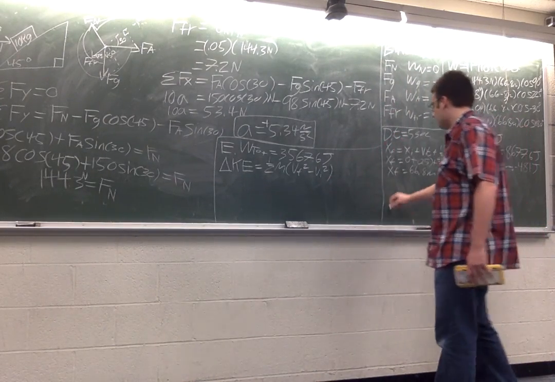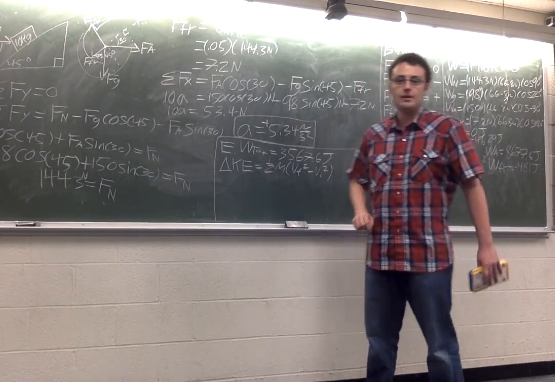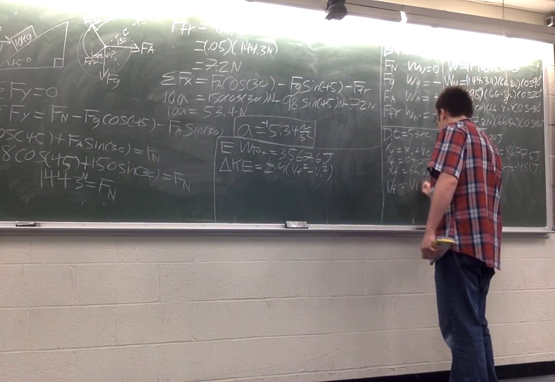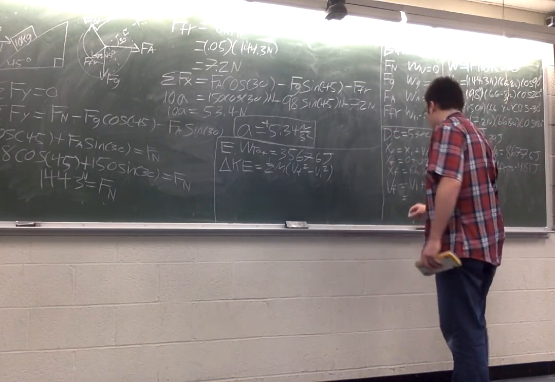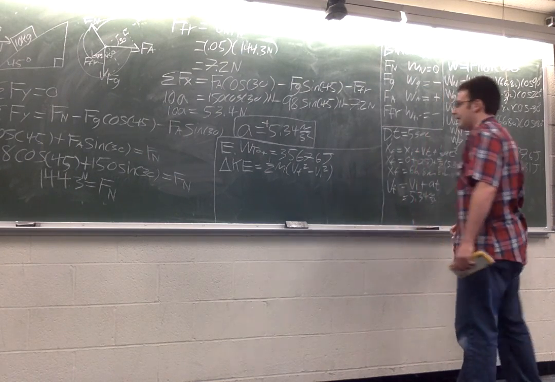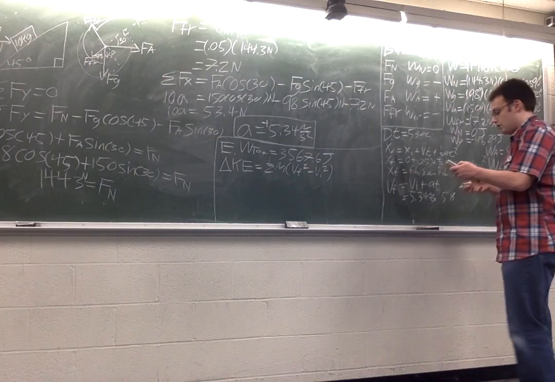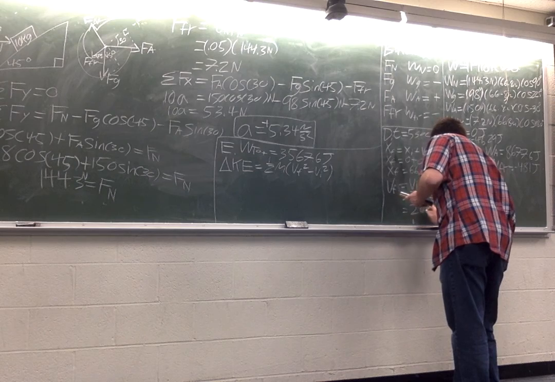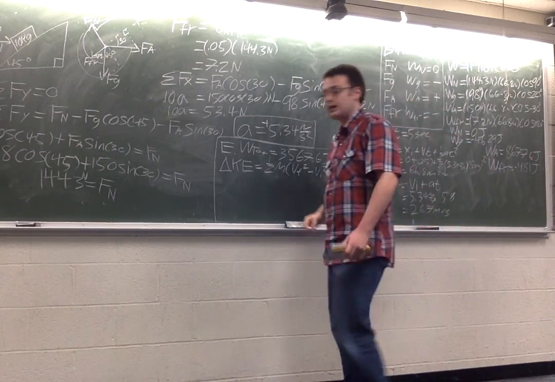From the definition of acceleration, which is the kinematics equation that I hope you still remember, the final velocity is equal to the initial velocity plus the acceleration times time. In this case, it's going to be 5.34 meters per second squared times 5 seconds. And we should get 5.34 times 5 is 26.7 meters per second, which is our final velocity.